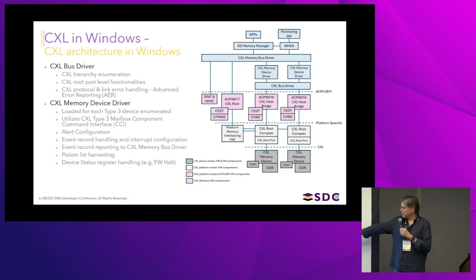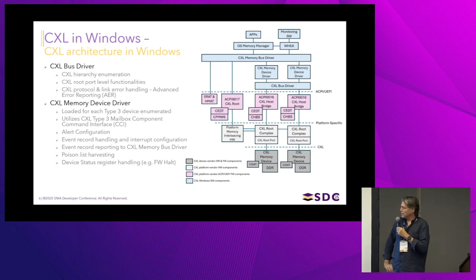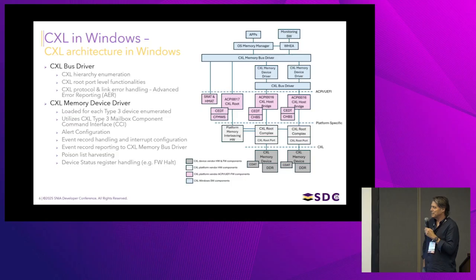Each root complex is associated with an ACPI 0016 CXL host bridge device or object in ACPI space. And the platform itself and the interleaving hardware that's involved is associated with a single ACPI 0017 CXL root device.